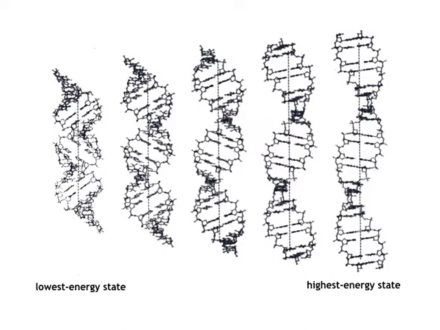The lowest energy state is proposed to be a transition state intermediate in the B to A transition, while the highest energy state, being a maximally extended and unwound DNA duplex structure, is proposed to be a transition state intermediate in DNA melting. For comparative purposes, each structure shown contains 20 base pairs.